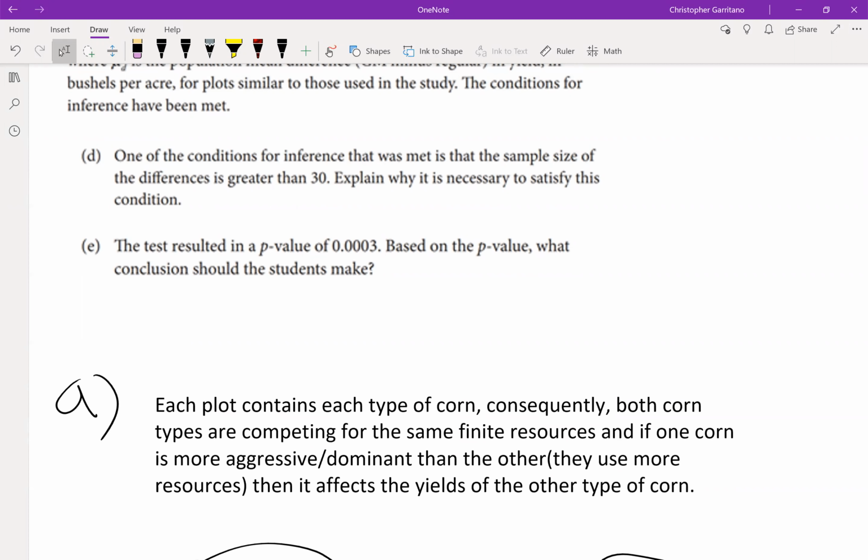Consequently, both corn types are competing for the same finite resources. And if one corn is more aggressive or dominant than the other, in other words, if they use more resources, then it affects the yields of the other type of corn. Again, I believe that was Selena's answer, and I thought it was a very nice answer. Well said. And there are a few of you that said something very similar. So if you have that idea, then very nice job.